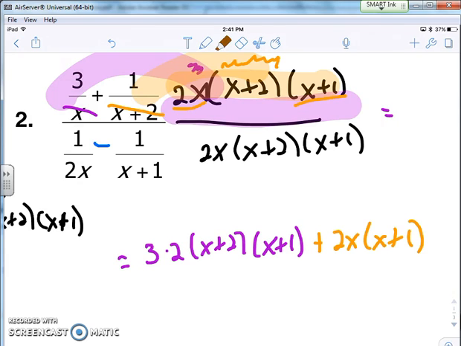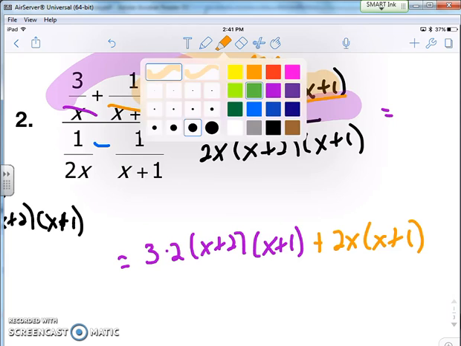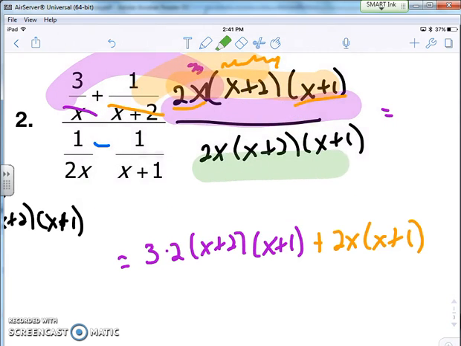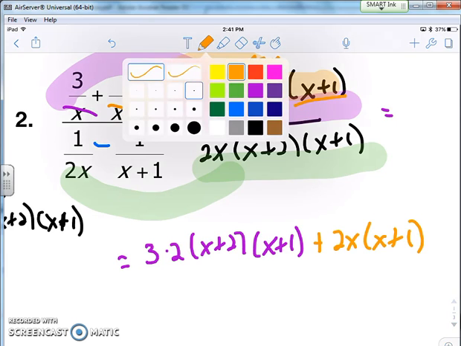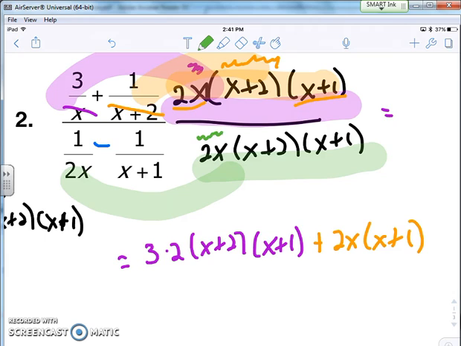Let's go to the bottom. How about some green? When I distribute this to the first fraction, the 2x is going to reduce out, and we're left with x plus 2 and x plus 1. Here's my divisor bar.